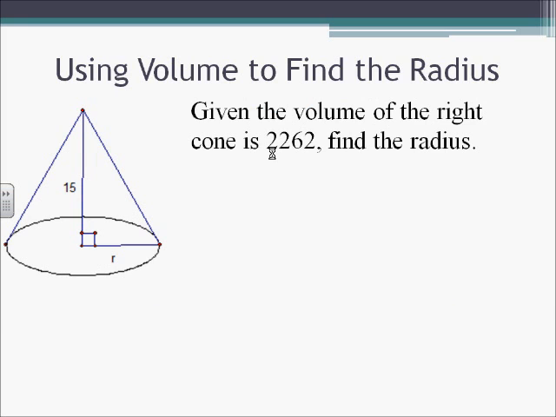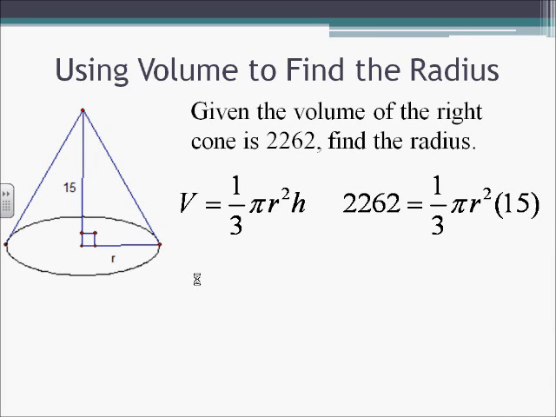Here we can use a given volume to find either the radius or the height. Here we're asked to find the radius given a height. So we know our volume is 2,262. So we're going to set 2,262 equal to 1/3 pi r squared times 15. So when we multiply 1/3 by 15, that's going to give us a 5. So we'll have 2,262 equals 5 pi r squared.